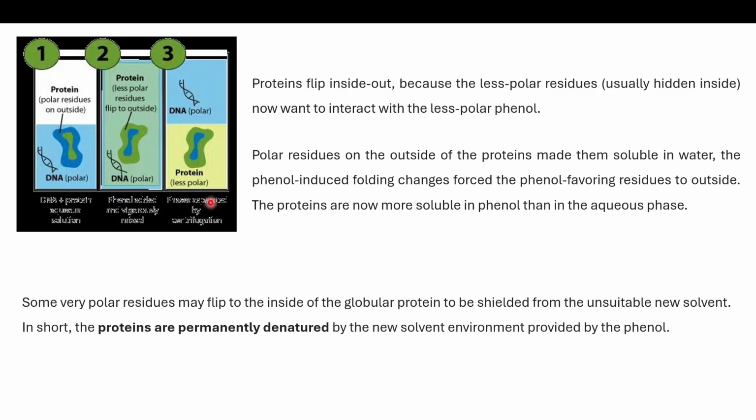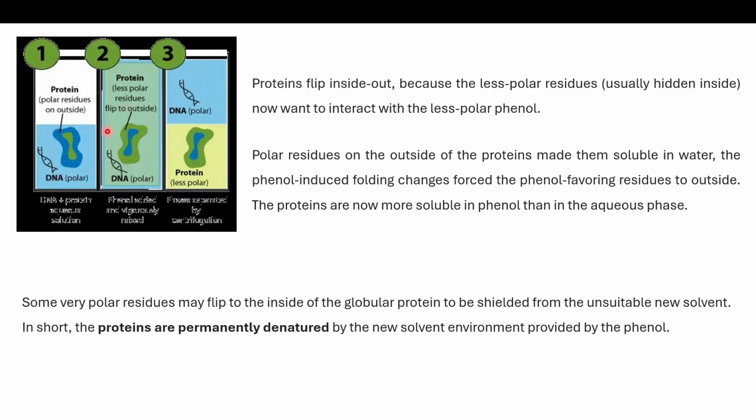So this is what I was talking about. This is DNA, and this is a polar or aqueous environment. The polar residues of the protein, this blue region, are happily interacting with the polar environment outside, and this green region is the hydrophobic region, which stays away from the water.